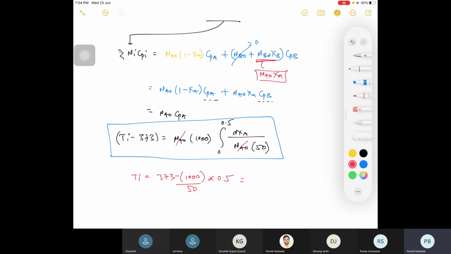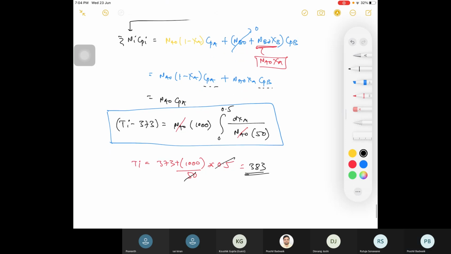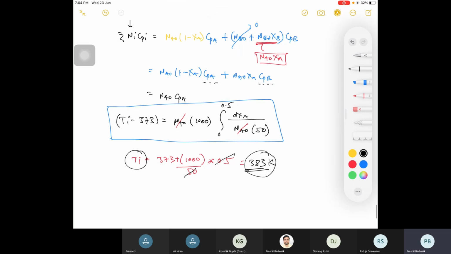And here it is a plus sign. This is your 20.5 here. Okay, so your answer will come 383, right? I hope you are getting the answer. That is in Kelvin, okay?